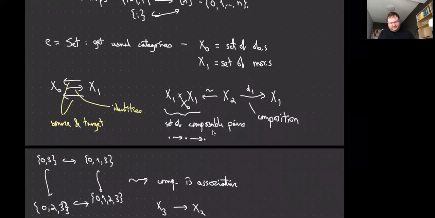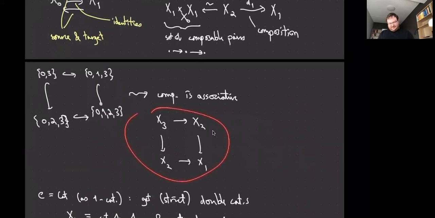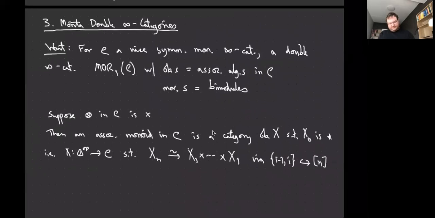Now, this X0 is just a point. And so the only interesting map here is the unit map, which gives you the map in this direction, which gives you the unit for the monoid. And then now X2 is equivalent to the product of two copies of X1. So this map gives you a multiplication from X1 cross X1 to X1. And then as here, this square tells you that this multiplication is associative, and so on. And we can describe in a similar way what a bimodule is.